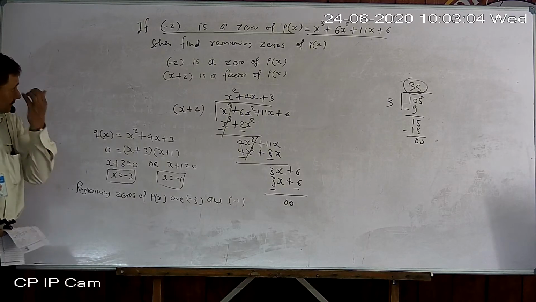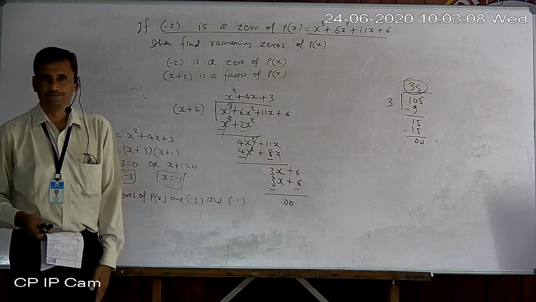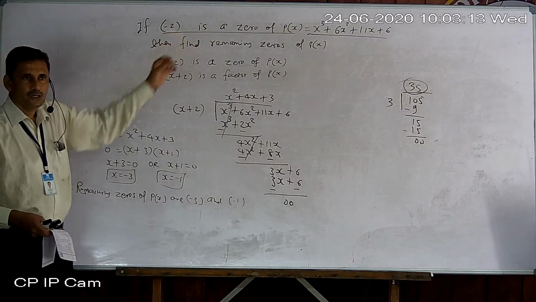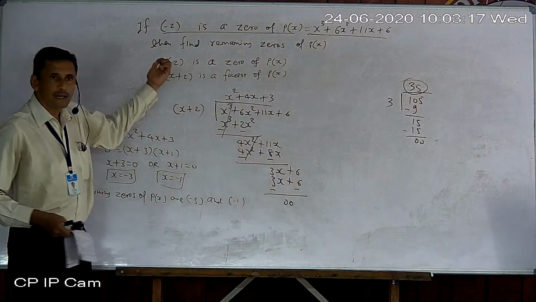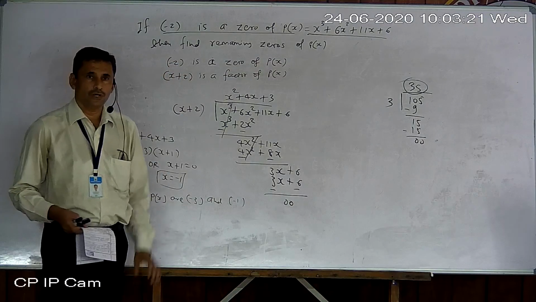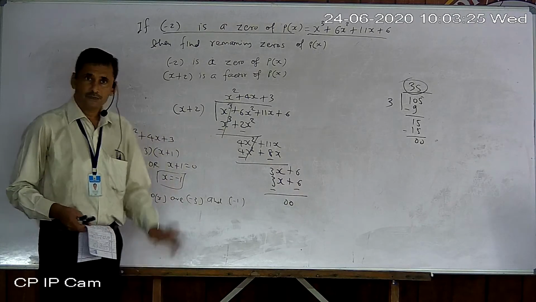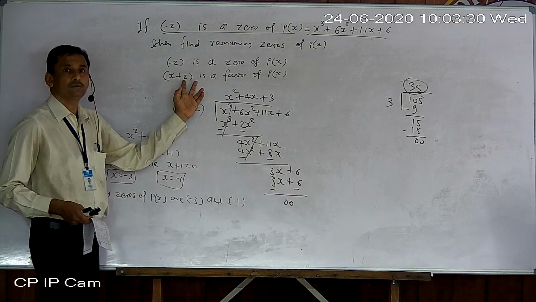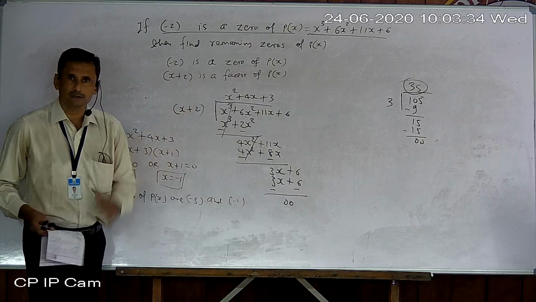Again I revise the whole sum. First of all, understand the question. Today's topic is particularly regarding that one. So what is the topic? If any 1 zero or any 2 zeros are given, how to find the other remaining ones? So if you are given any zero, it means you are given a factor. Just divide the given polynomial by the given factor.